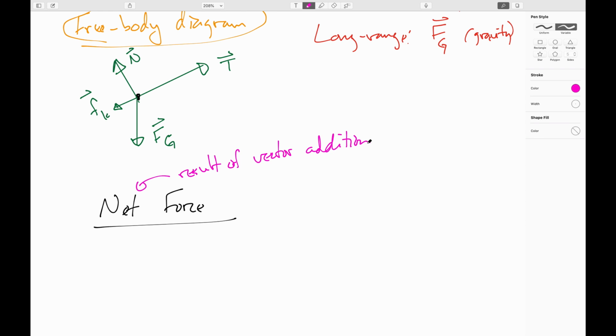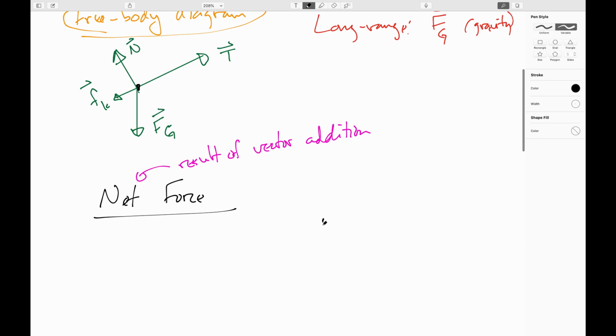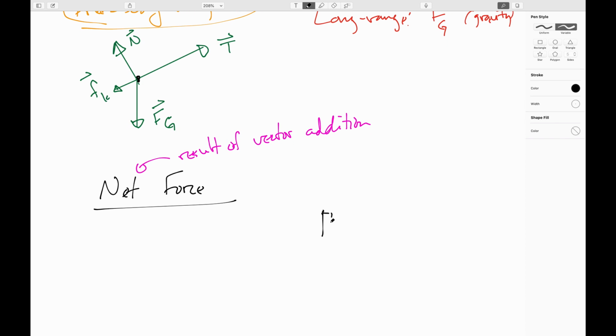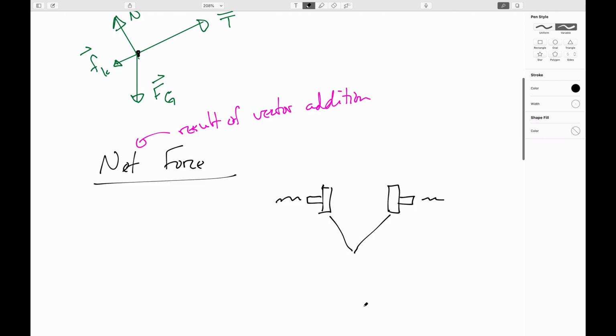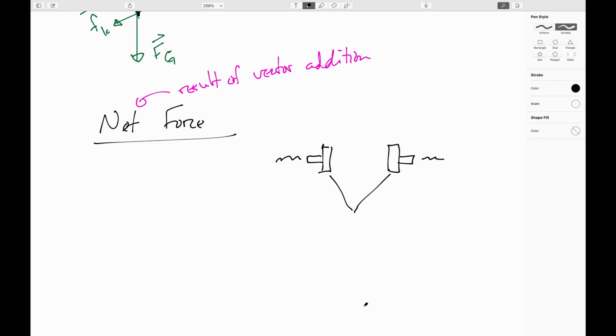So as an example here, let's imagine that you have 2 tugboats that are pulling some big ship into harbor, like so.